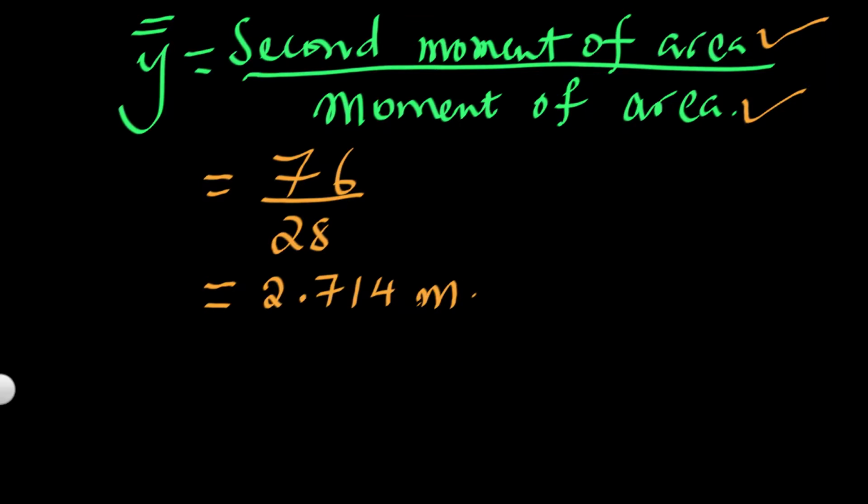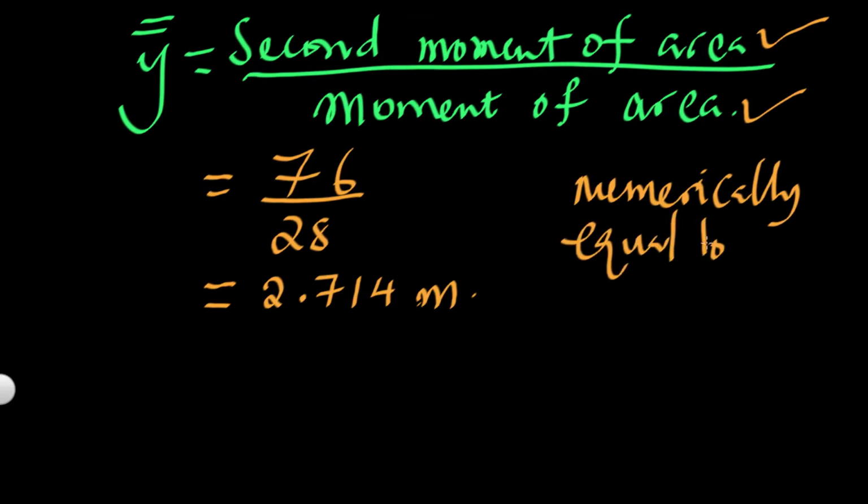I want to say something about this answer and the moment of area. Even though we were told that our moment of area is numerically equal to 28 cubic meters, that is what we were told in our question. They are simply saying the magnitude of that is 28. They didn't tell you the sign of the moment of area.